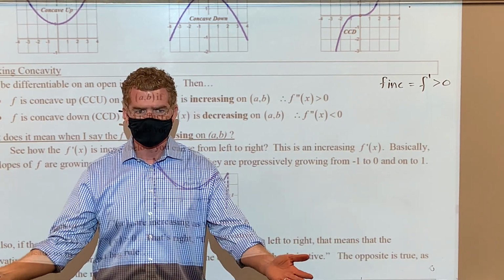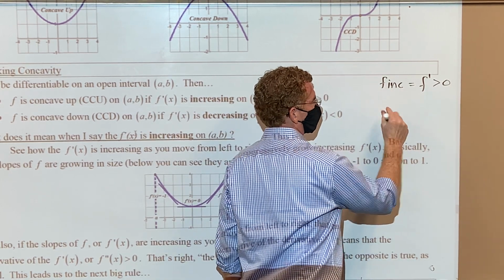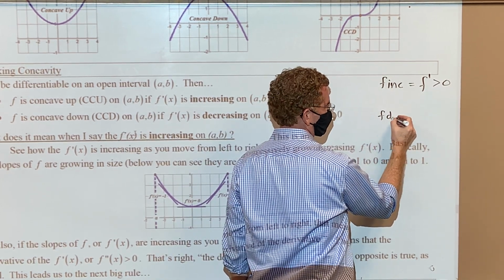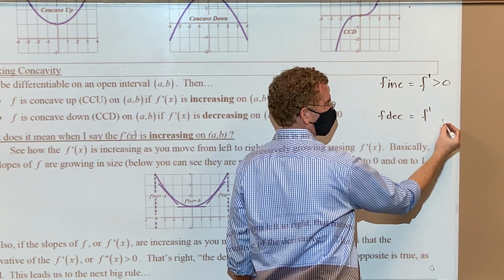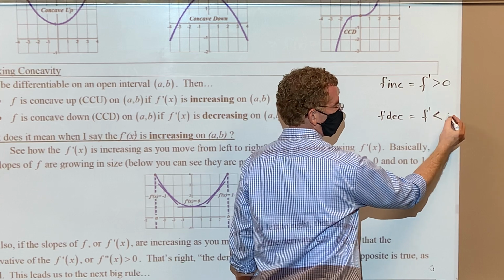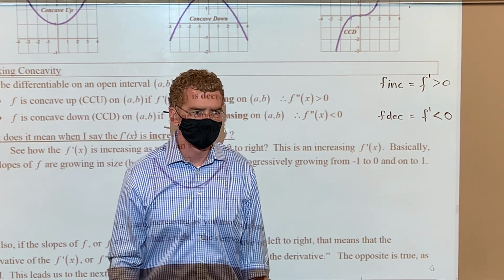Easy enough? And if that's true, skip a space, come right here. What does it mean if the function's decreasing? Then the slopes are what? Negative. You're already more than halfway there.